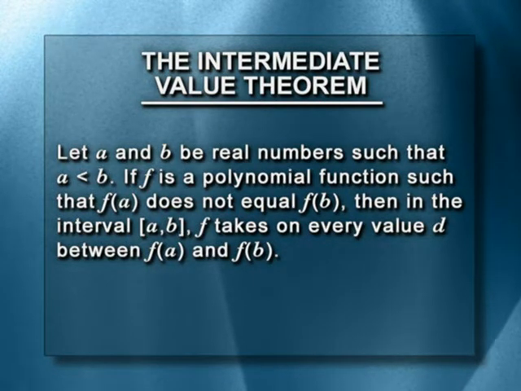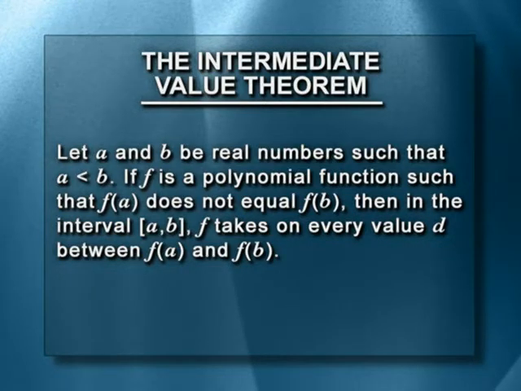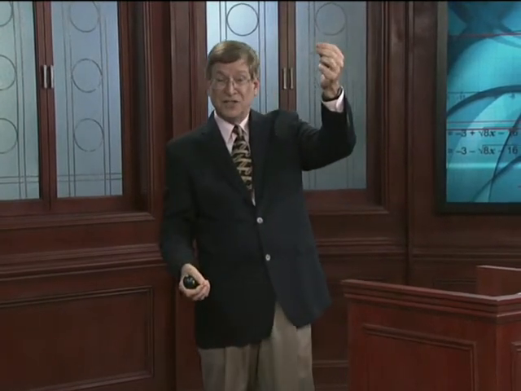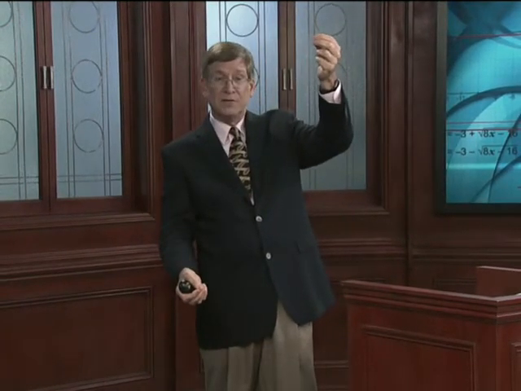So it turns out then, on that interval ab, f of a and f of b are different, and the function takes on all values in between f of a and f of b. In particular, if f of a and f of b are of opposite sign, one's negative and one's positive, it takes all values in between, including the value 0. In fact, that's what we just did in the last example.